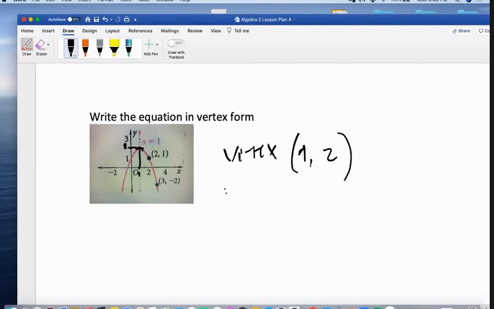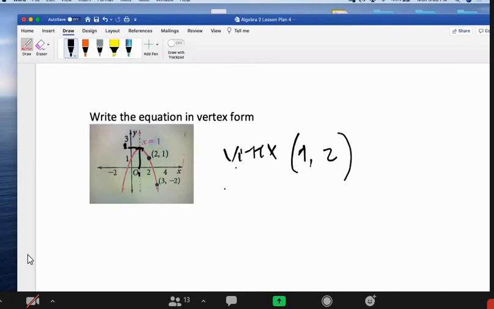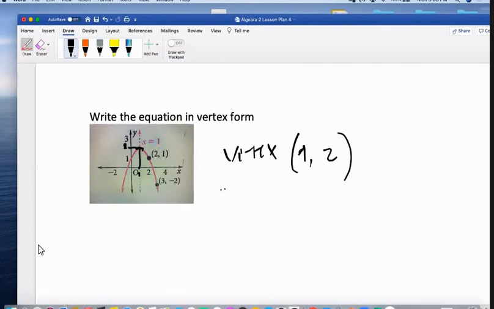Can you give us a point? 3, -2. Thank you. That's one of the points. Actually, this problem is very generous. They gave you another point. What's another point they gave you? 2, 1. So you have the option to use either 2, 1 or 3, -2. And again, it doesn't matter which point you use.